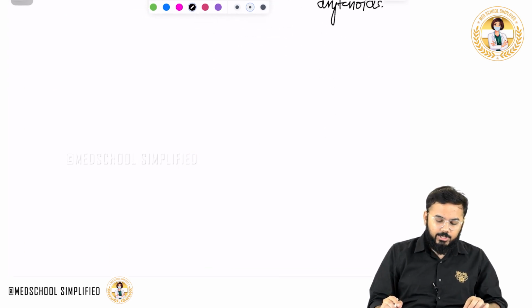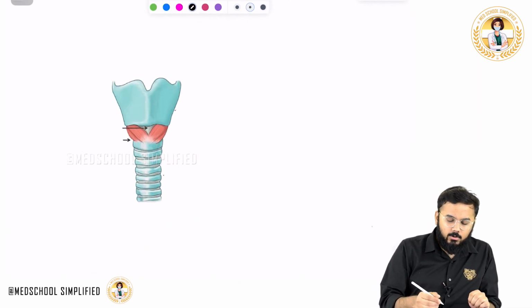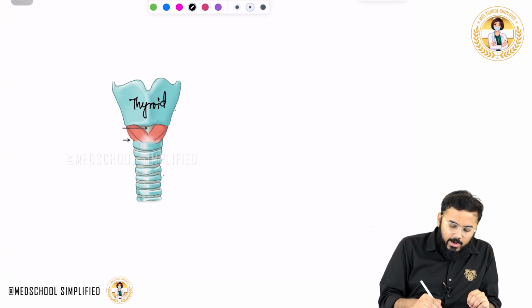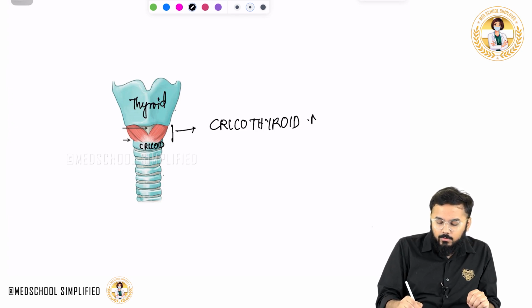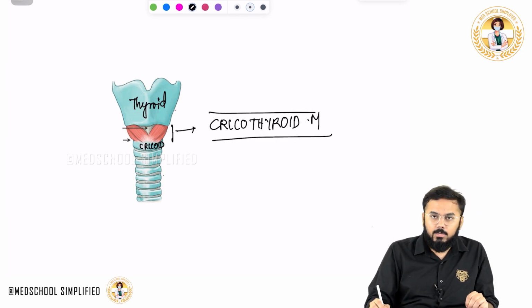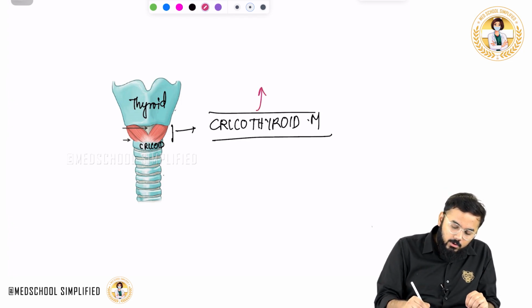Now let us look at each and every muscle. The first muscle you can see over here: this is your thyroid cartilage, and just beneath it is your cricoid cartilage. Between thyroid and cricoid, this muscle is called the cricothyroid muscle. What is the use of this cricothyroid muscle?